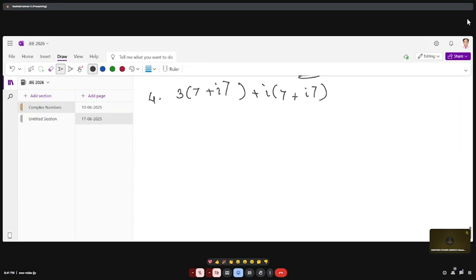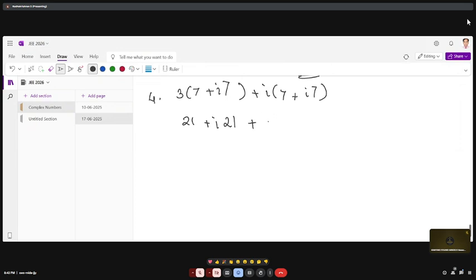So simply multiply each term. So what is 3 into 7? Matangi, are you able to do? So 3 into 7 is 21. 3 into 7i is 21i or i21, whichever way.